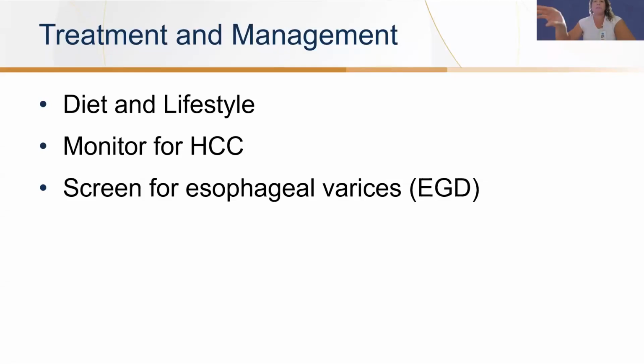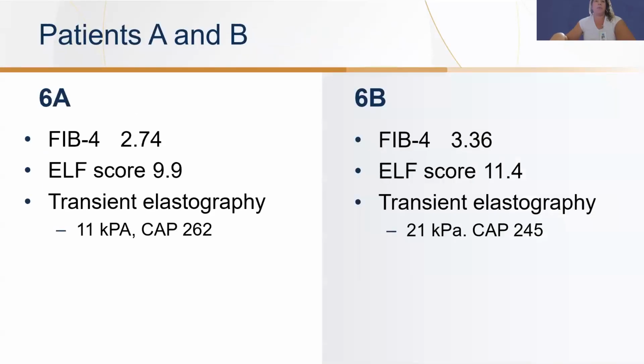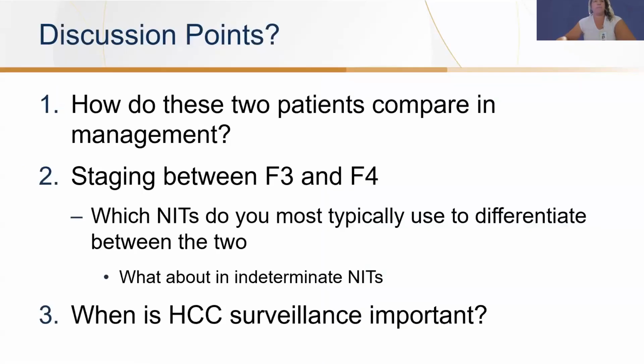So our non-invasive testing, as well as our platelet number, are two key indicative factors for patients and what they would require long-term. So just side by side, the difference for these patients with their non-invasive testing, really the ELF score and the KPA and the FIB4, even without the platelet number, are very indicative of the difference between F3 and cirrhosis patients.